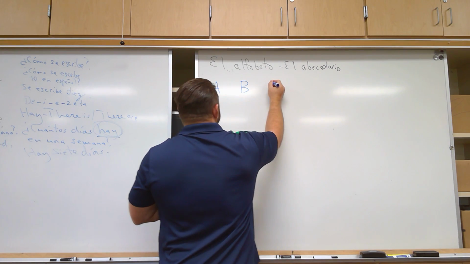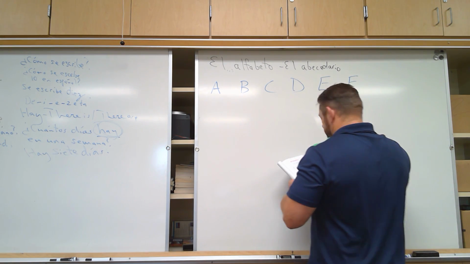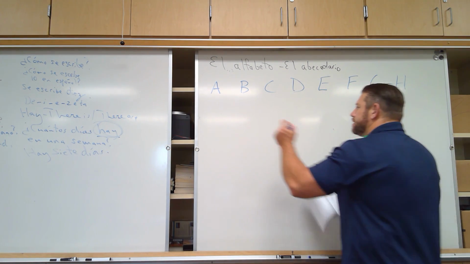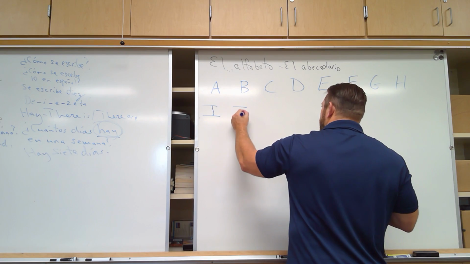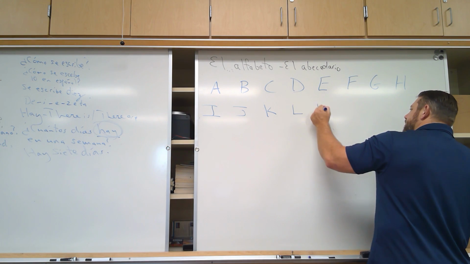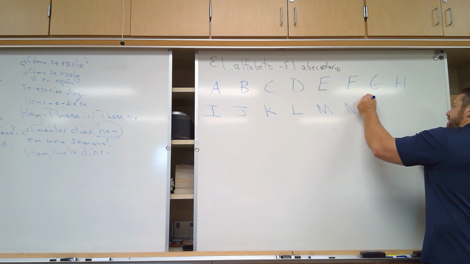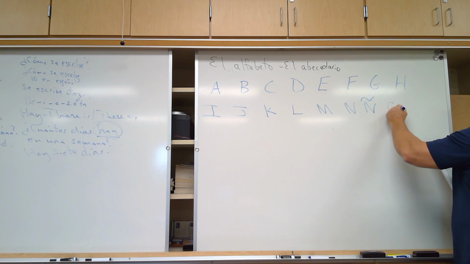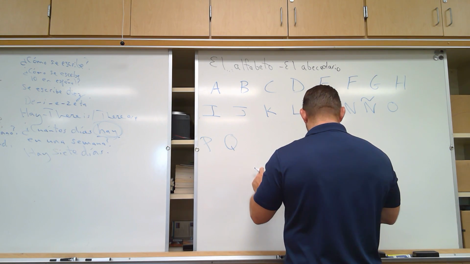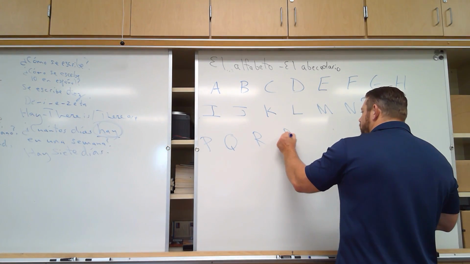A, B, C, D, E, F, G, H, I, J, K, L, M, N, Ñ, O, P, Q, R, double R. A lot of people have trouble pronouncing, rolling the double R.